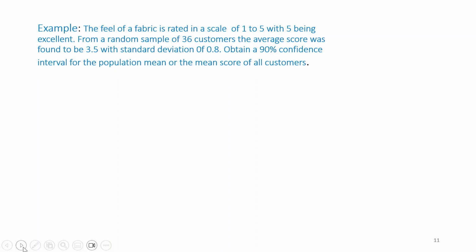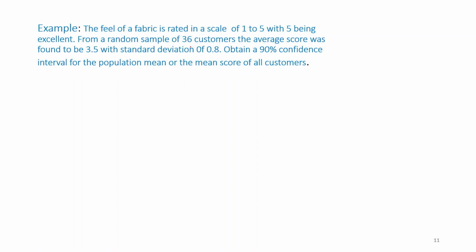From a random sample of 36 customers, the average score was found out to be 3.5, with standard deviation 0.8. Obtain the 90% confidence interval for the population mean, or the mean score of all customers.